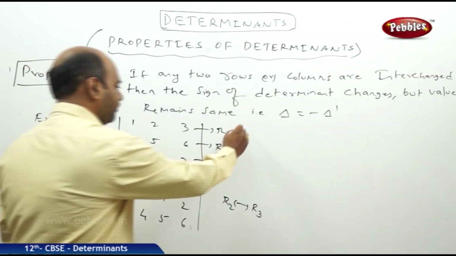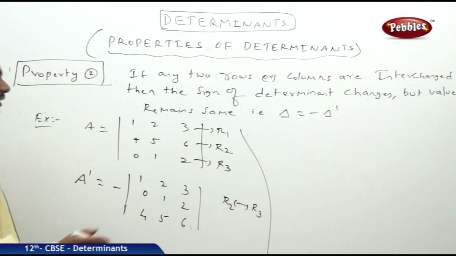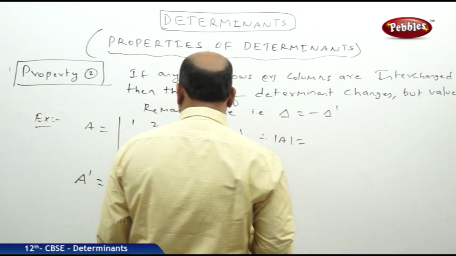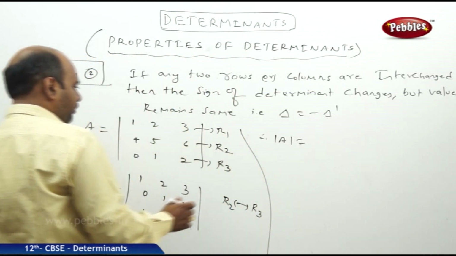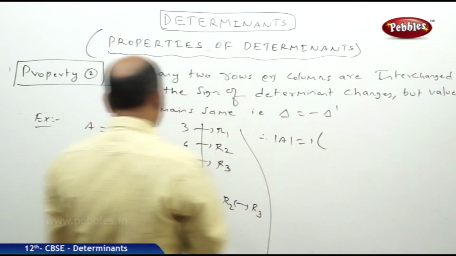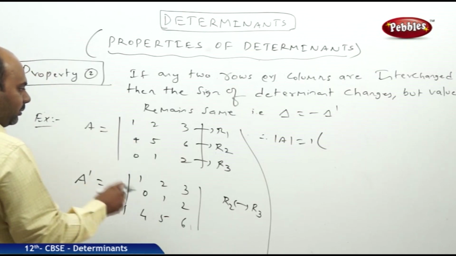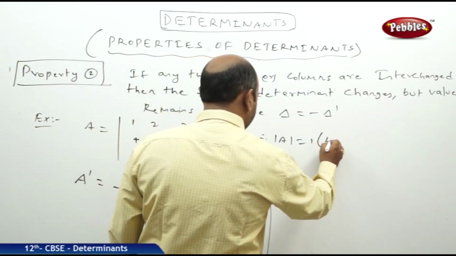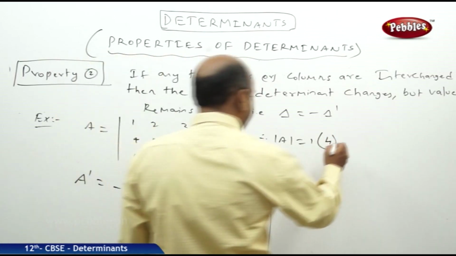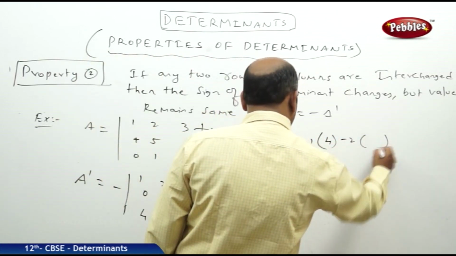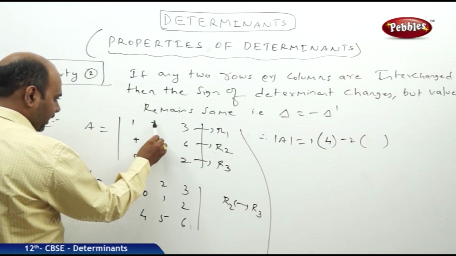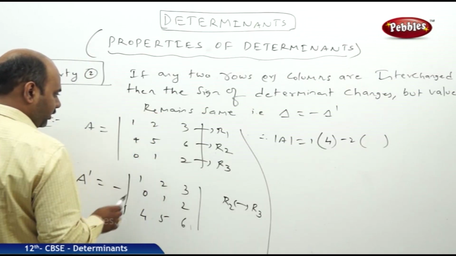So finally we shall calculate and verify. I will be finding the determinant of A here. So 1 into its minor; every time I won't write it, directly I will be calculating. 5 into 2 is 10, 10 minus 6 is 4. Next, minus 2 into its minor. Minus 2 into its minor means we need to delete the corresponding column and row.